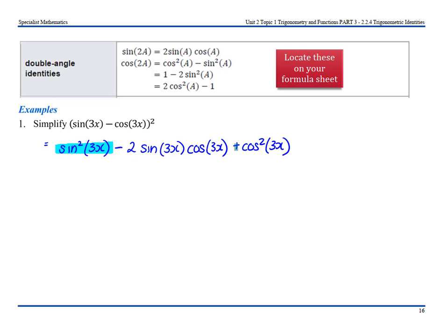Now, sine squared 3x plus cos squared 3x is equal to 1 because of my identity.